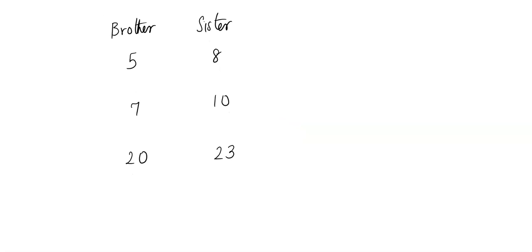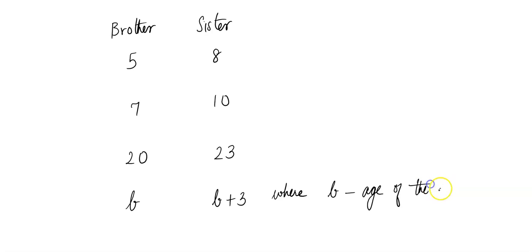Then I can say the age of my brother, I can call it by some letter B. And what will be the age of the sister? Whatever B is, it will be 3 more than that B, right? So B plus 3. And then I'd have to go back and reference what this B stands for. B stands for the age of the brother.